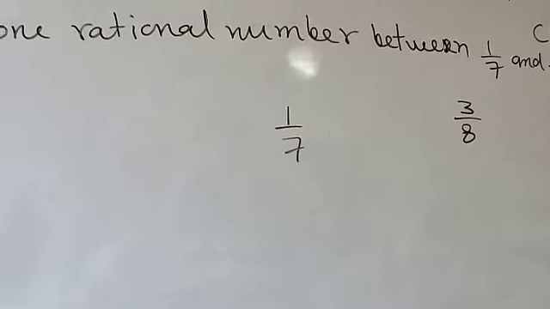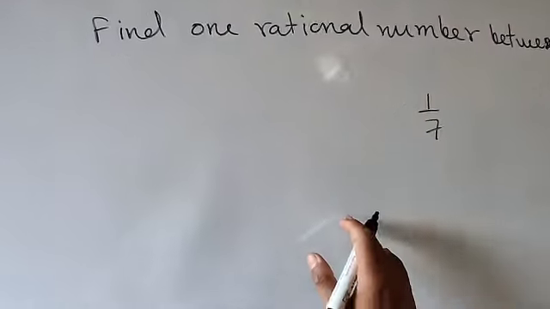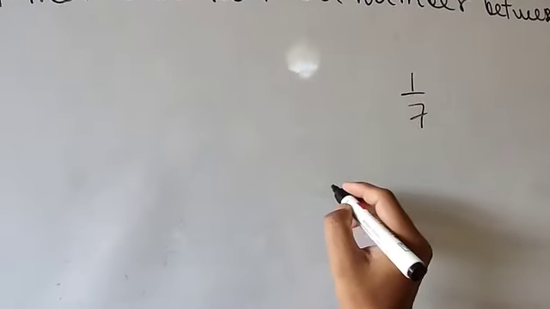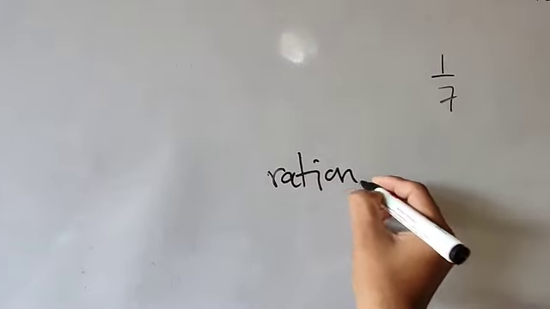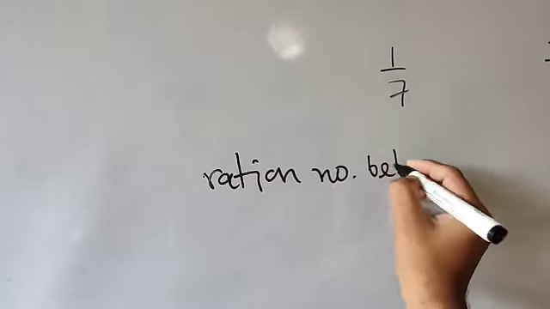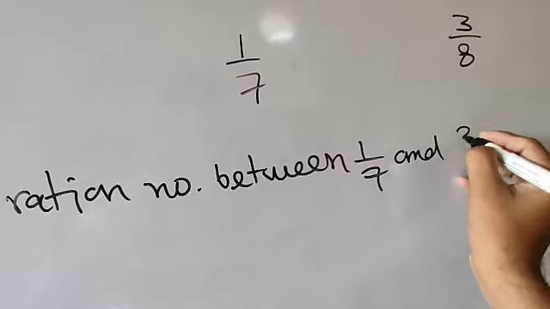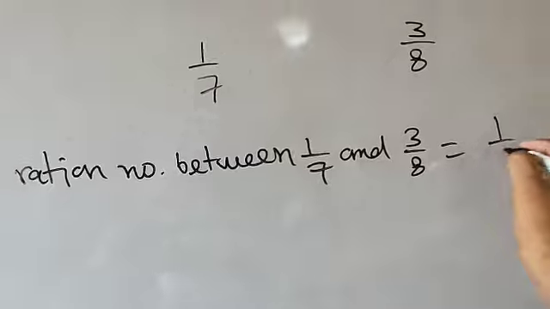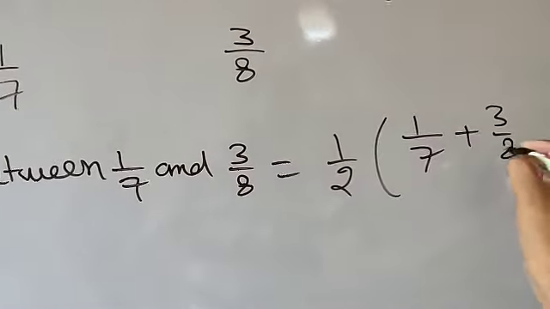If you are going to get one or two rational numbers between any two rational numbers, you need to follow this way. You need to find the rational number between 1 by 7 and 3 by 8, that is equal to half of 1 by 7 plus 3 by 8.